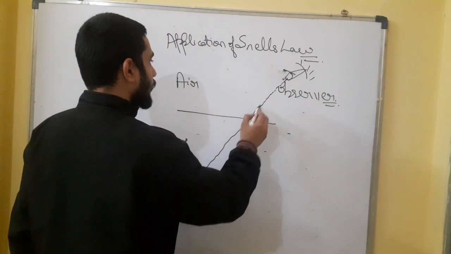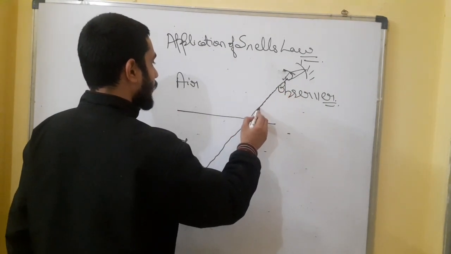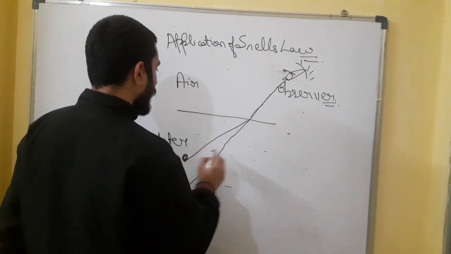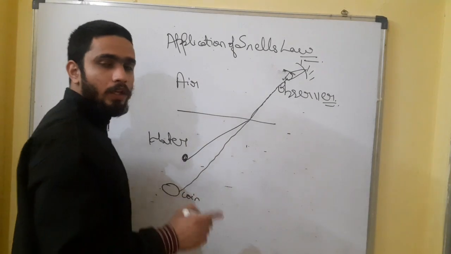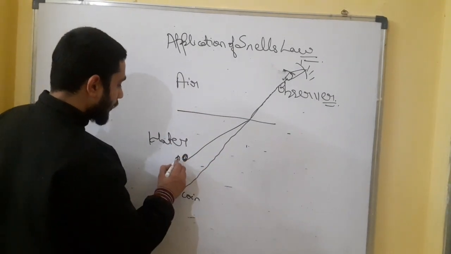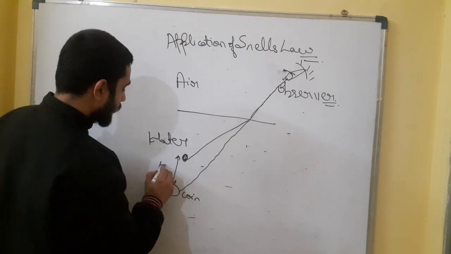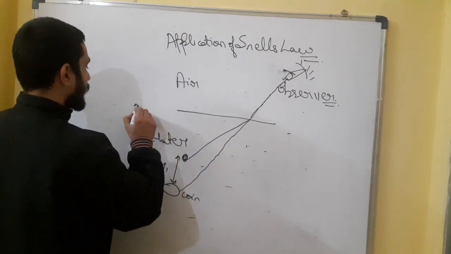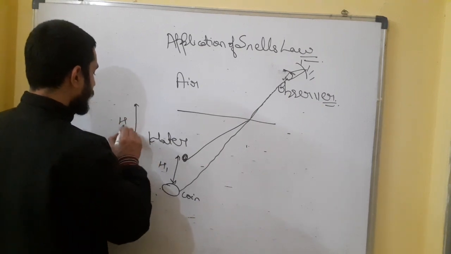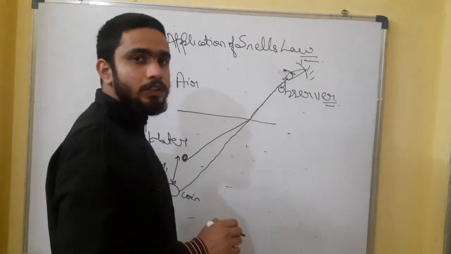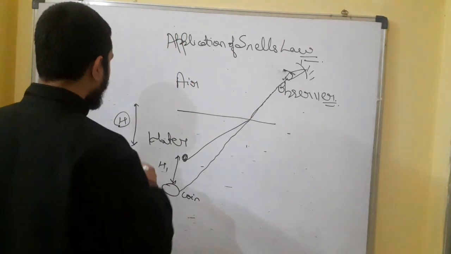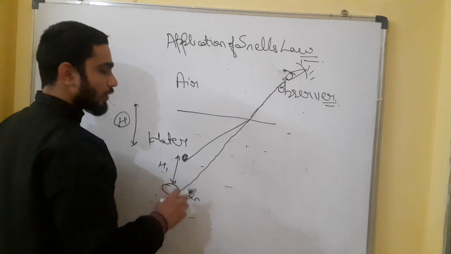But what will happen? Because the water is more dense than the air, there will be a shift in the distance which the observer will see, and that distance is h1.